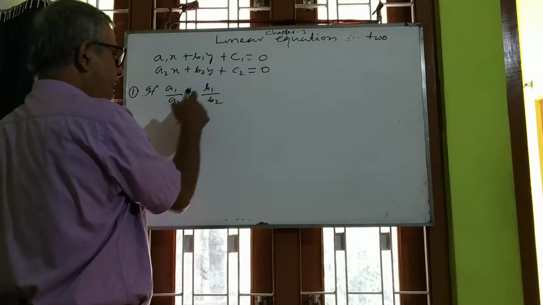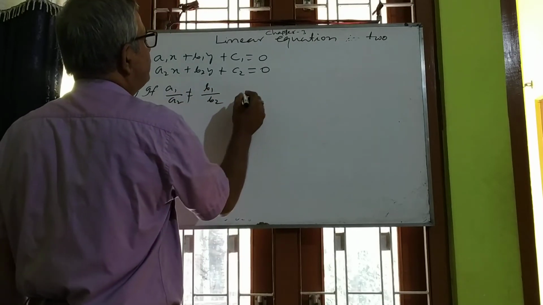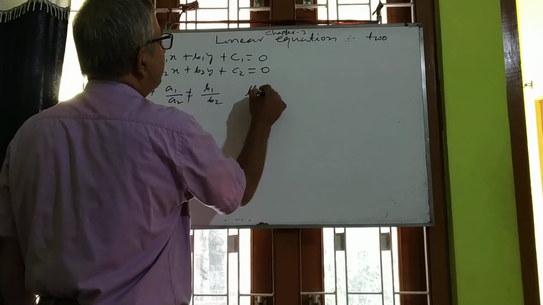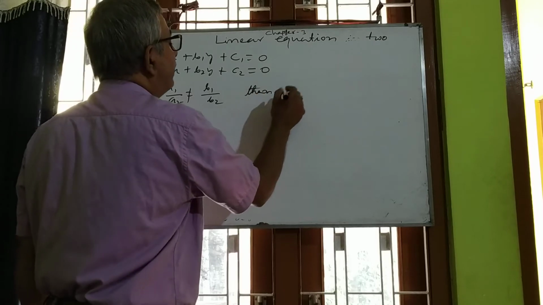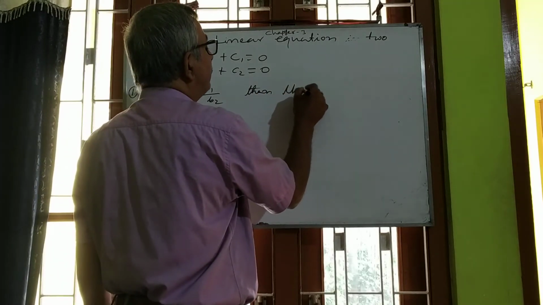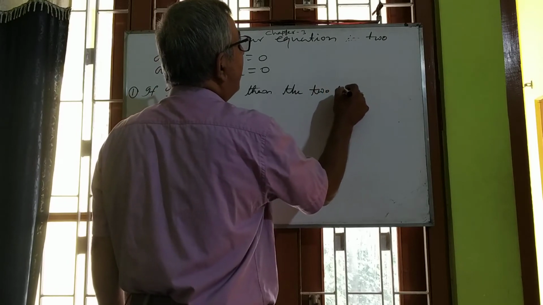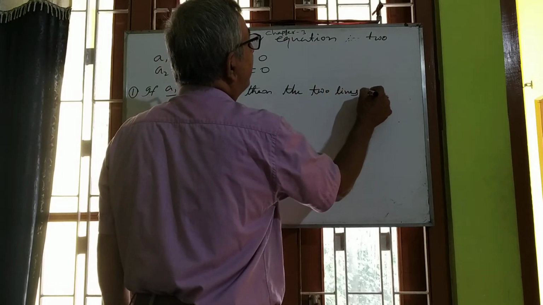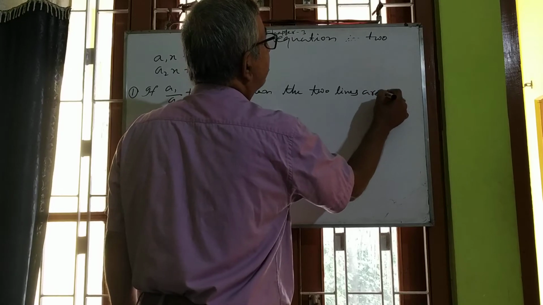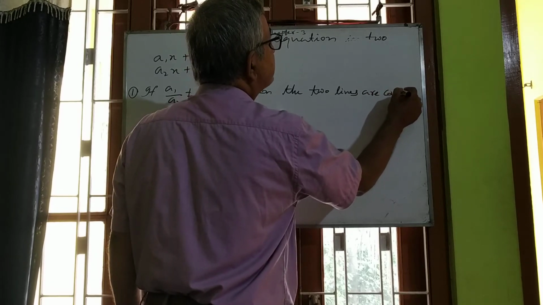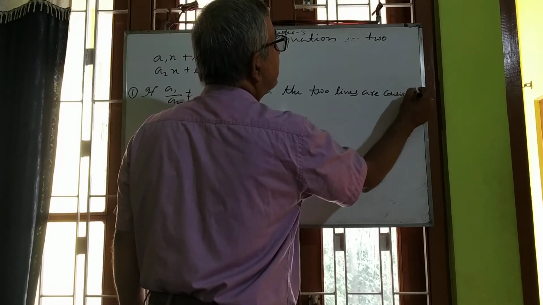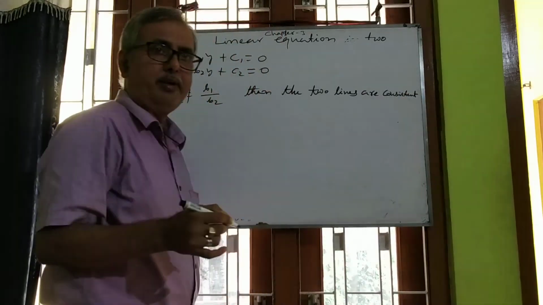A1 by A2 not equal to B1 by B2, then the two lines are consistent. Clear now?